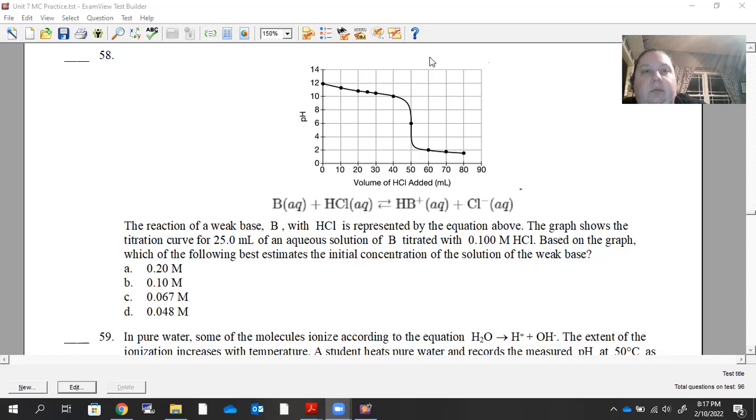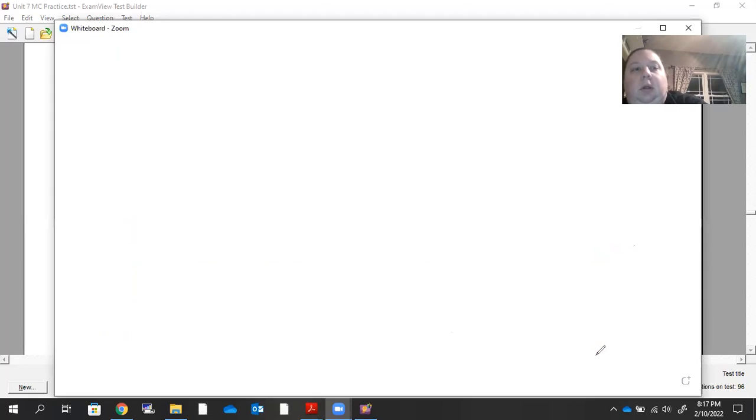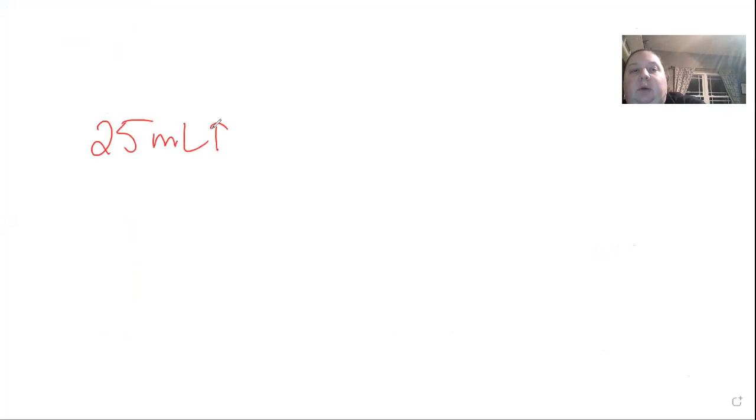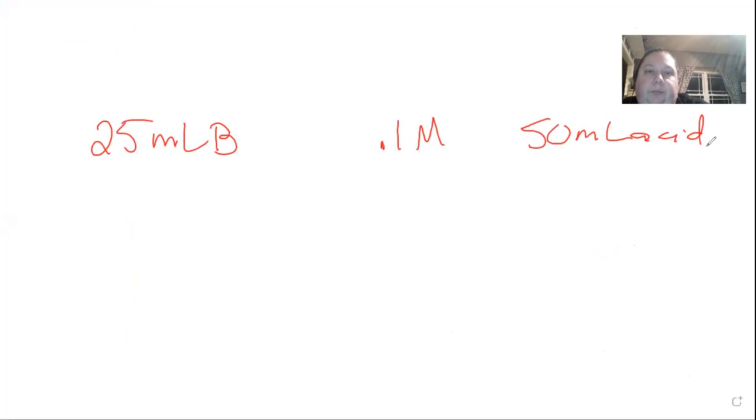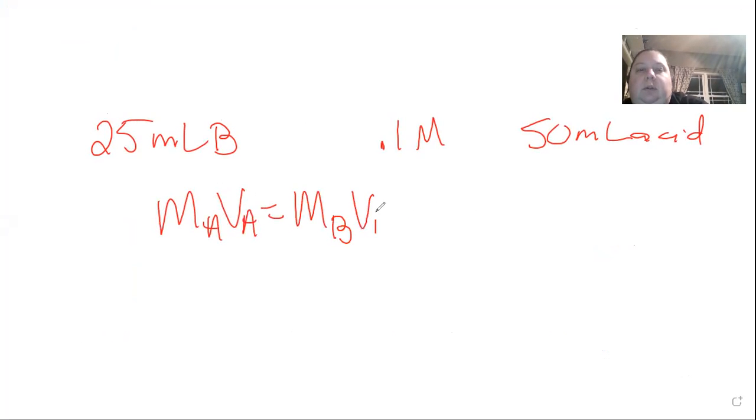So I have 25 milliliters of my base, I have 0.1 molar acid, and the equivalence point happened at 50 milliliters of acid. So MAVA equals MBVB, right? My molarity of my acid is 0.1. My volume of my acid is 50 at that equivalence point, because that's what the graph says.